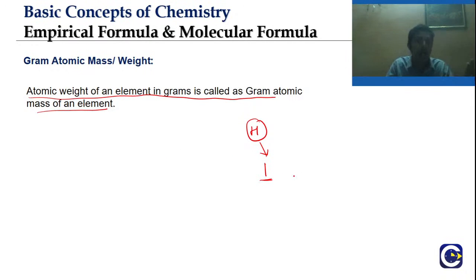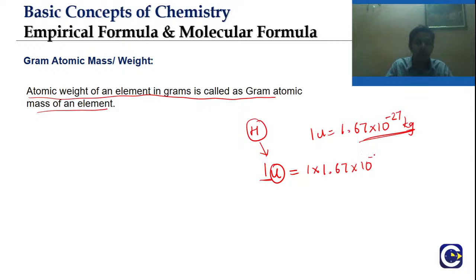But from now on, I want you to write it as 1U, because 1 as such does not have significance. When you say 1U, it does. That means the mass of one atom is 1 into 1.67 into 10 power minus 27 kg. Never forget this value. So 1U is 1.67 into 10 power minus 27 kg.